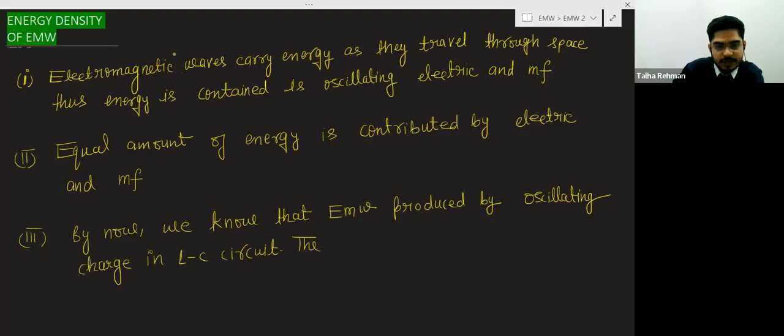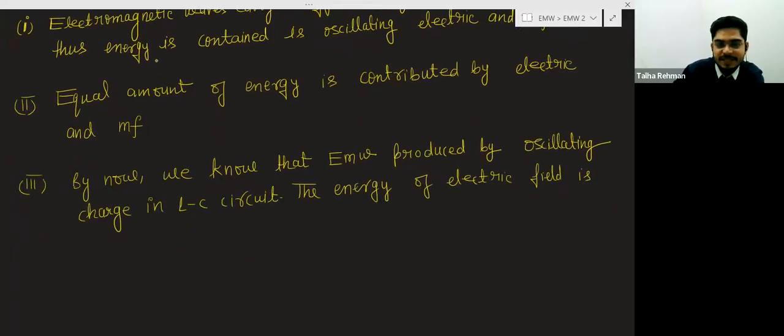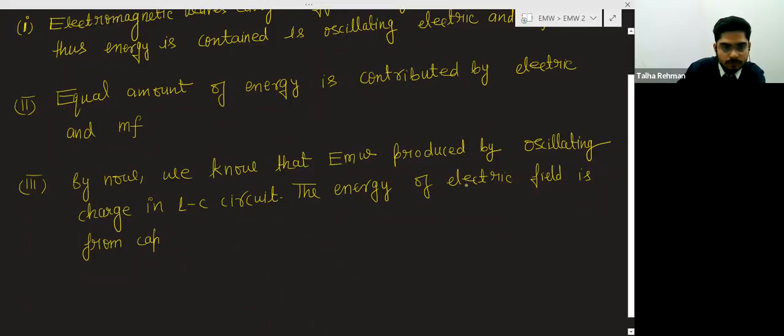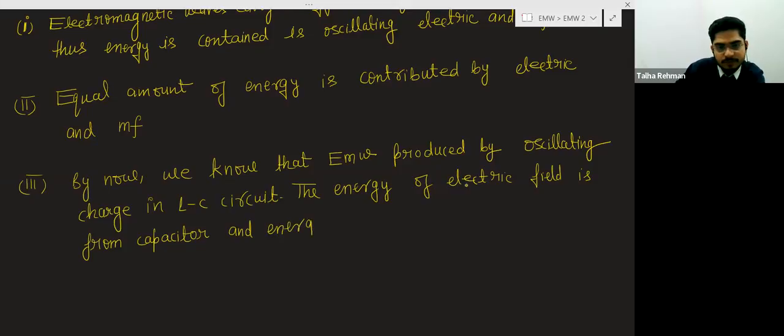So the energy of the electric field is from the capacitor. Basically LC means inductive capacitive circuit. The energy of the electric field is from the capacitor, and the energy of the magnetic field is from the inductor.